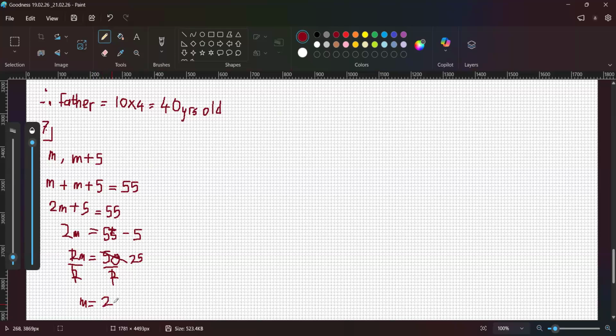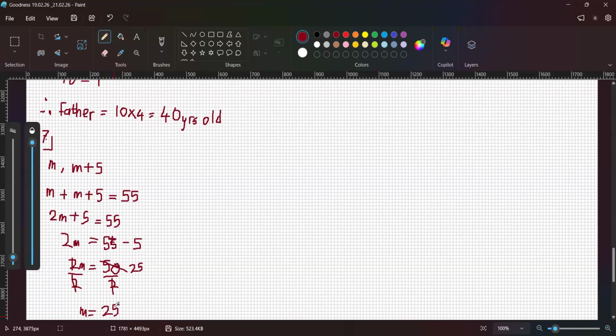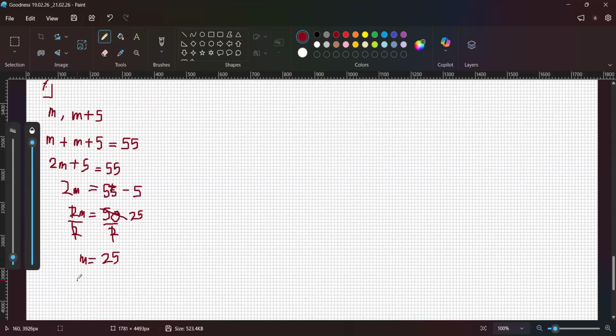Of course they asked us for the two multiples, right? So that means one of them is 25, and the next one will be what? The next one will be 30. Exactly.